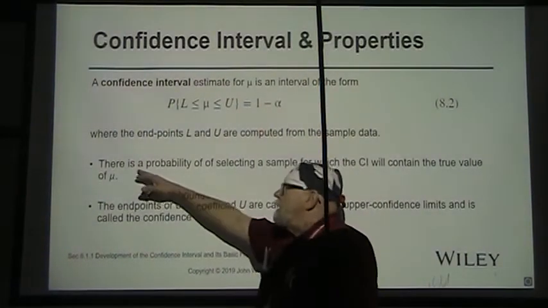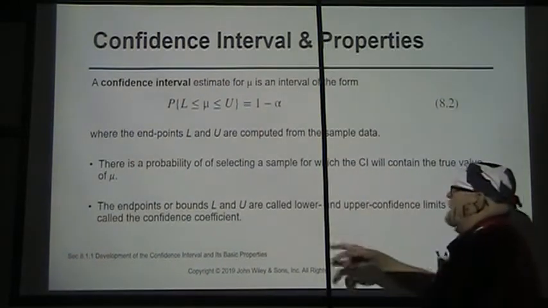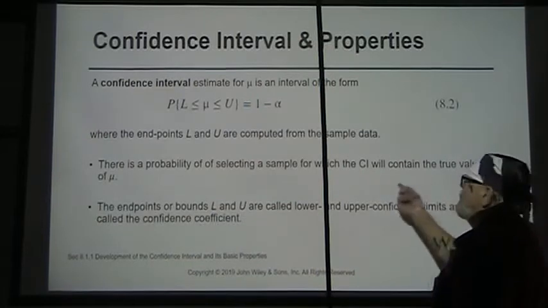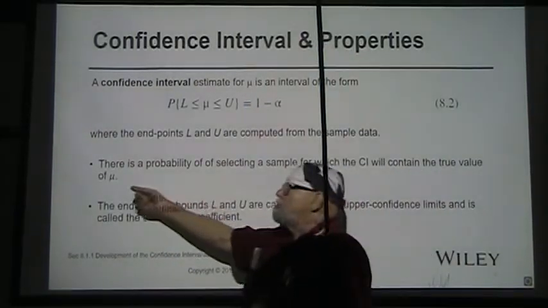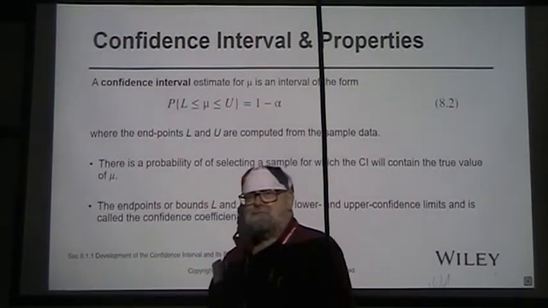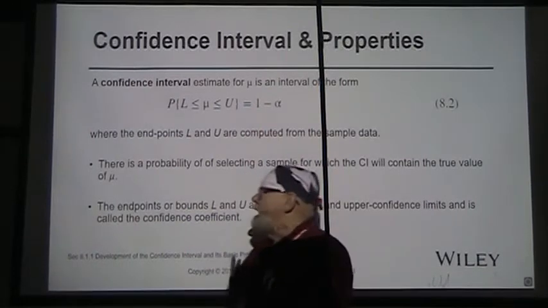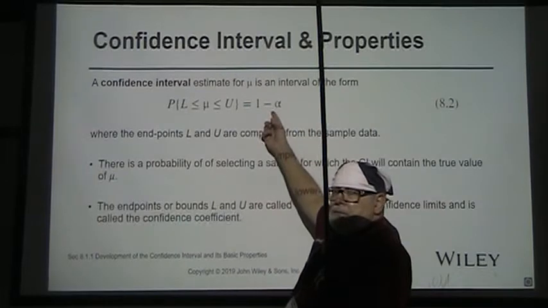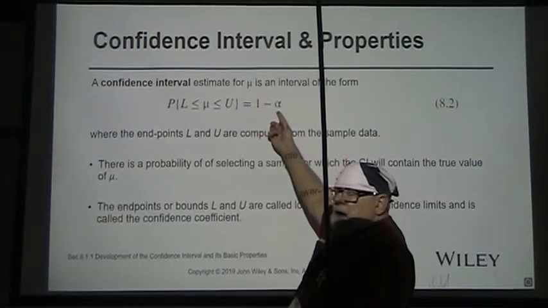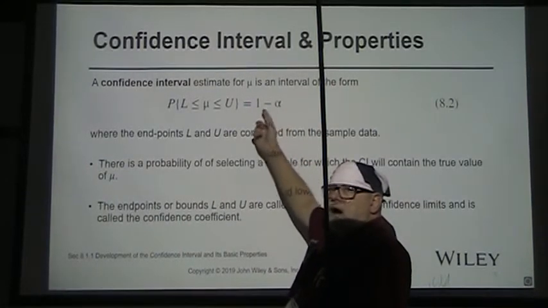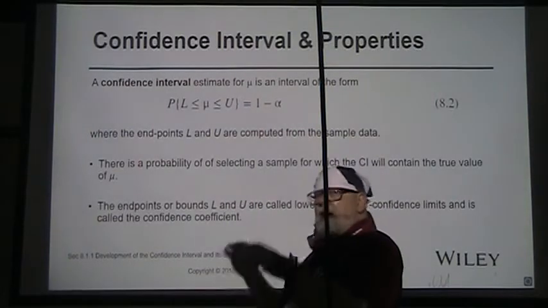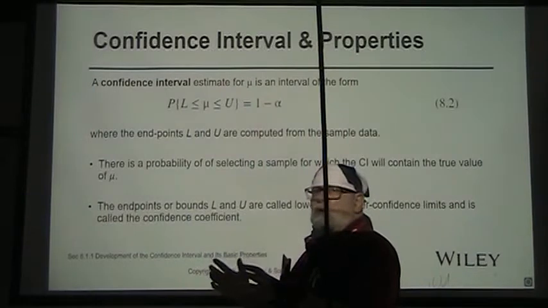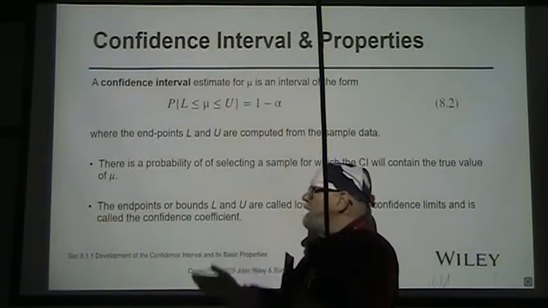So there is a probability of selecting a sample for which the confidence interval will contain the true value of mu. Okay, again, by putting in alpha, we are saying we're confident at the 95% level this is true, or the 99% level, etc.